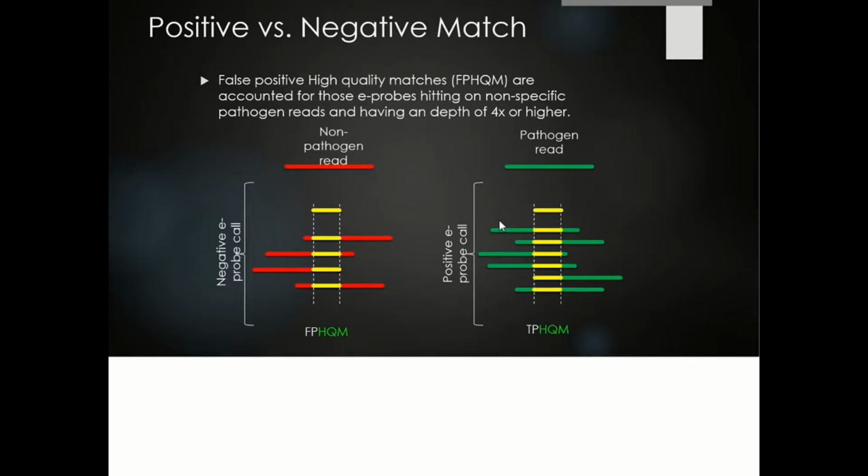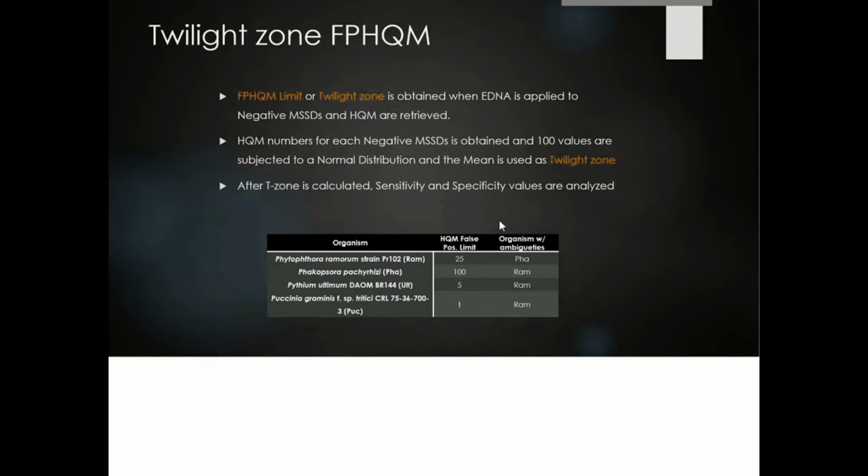I called it the twilight zone, or T-zone, because we don't know, specifically for eukaryotic organisms, since they share many genome portions with other eukaryotic organisms like plants, we might have some false positive high quality matches, even though we eliminated EPROBs that are redundant. So I call it the twilight zone whenever we don't know if it's positive or negative.